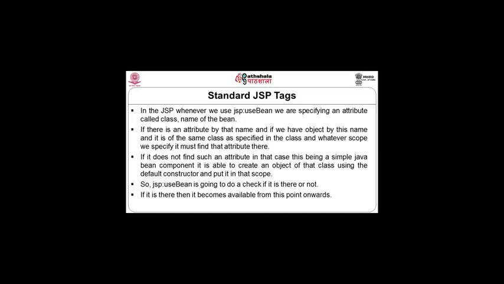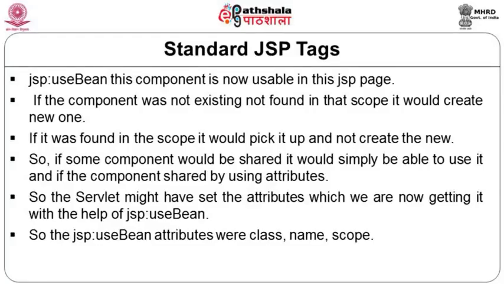With jsp:useBean, this component is now usable in this JSP page. If the component was not found in that scope, it would create a new one. If it was found in the scope, it would pick it up and not create a new one. So, if some component was being shared, we could simply use it, if the component here is shared by using attributes from the servlet side.